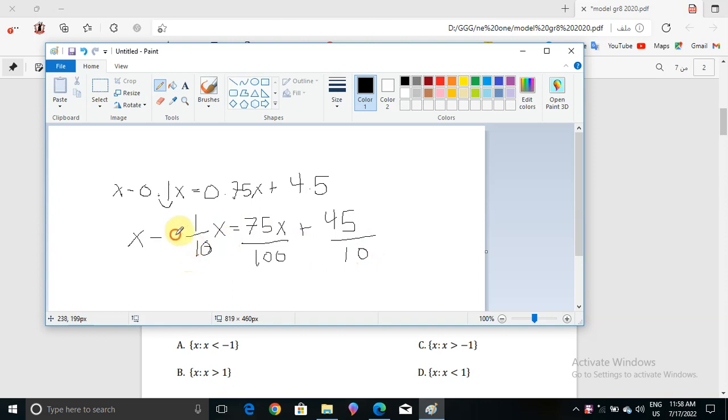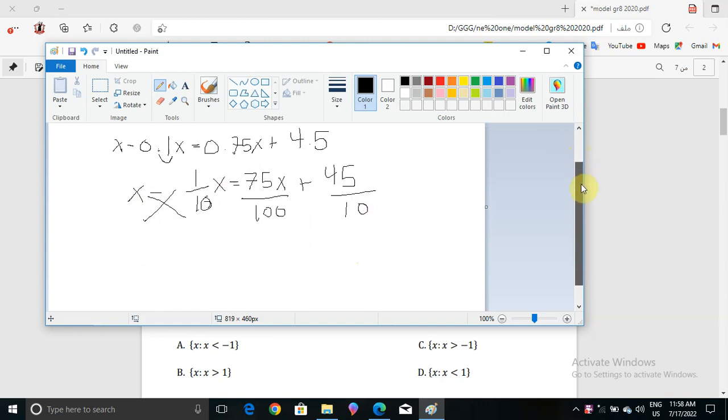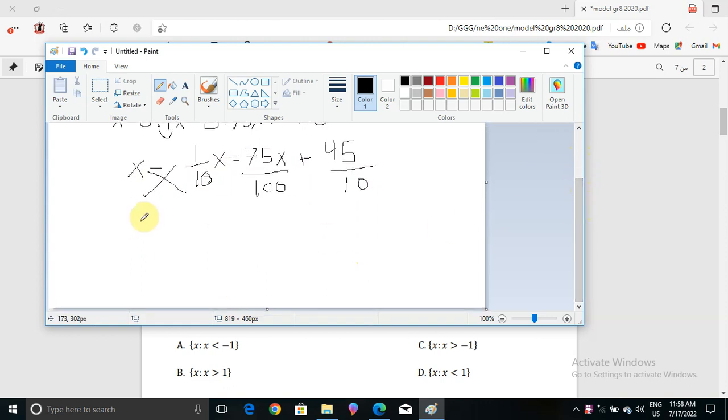Okay, then what we will do here, because of x, we'll make a crisscross together, then we will get 10x minus x over 10.